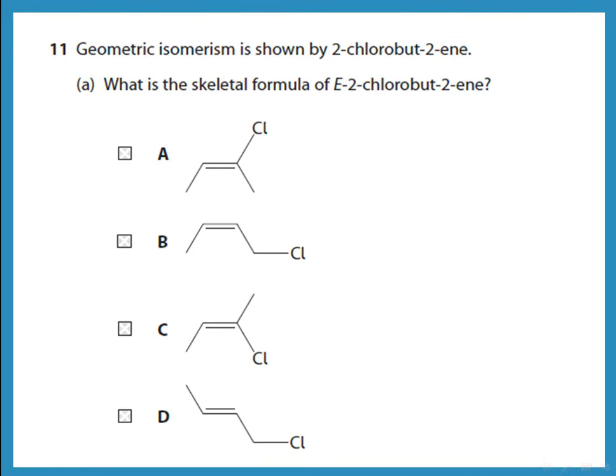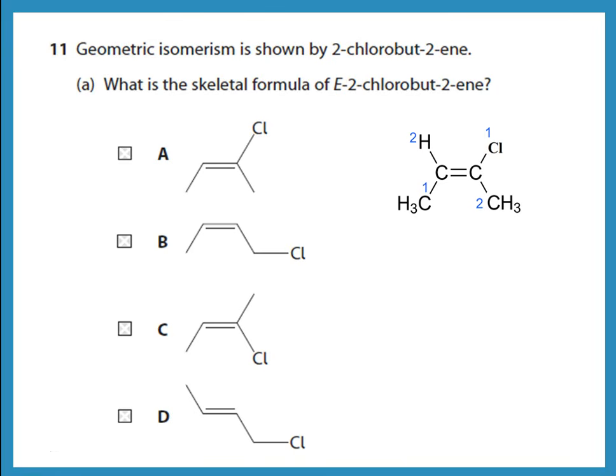Okay, the next question is asking what is the skeletal formula of E-2-chlorobutene? Remember that this would be 2-chlorobutene. But has 4 carbons. 2-ene means the double bond is in the middle, and 2-chloro means the chlorine is on one of the carbons in the middle.